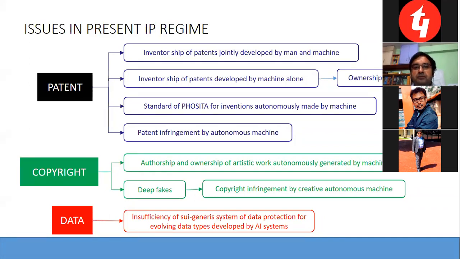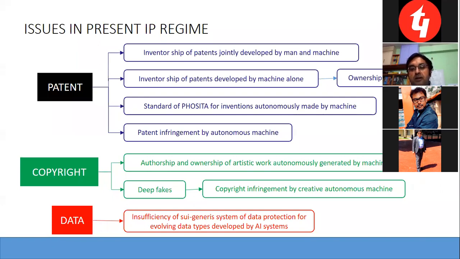Next is, what happens when a machine alone, without any human intervention whatsoever, invents a new patentable concept? Then what happens? Who should be named as the inventor? And then who should be the owner of such a patent?